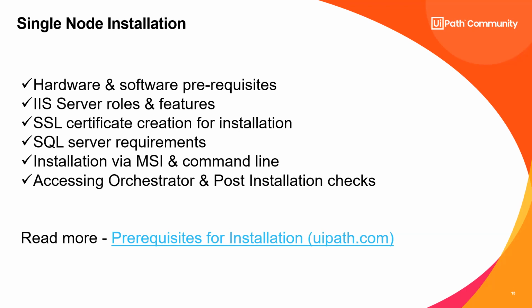Then the third thing to talk about is the SSL certificate creation for the installation. There are 3 types of certificates supported by UiPath Orchestrator. The first one is a web certificate, which can be issued by any certification authority, such as GoDaddy.